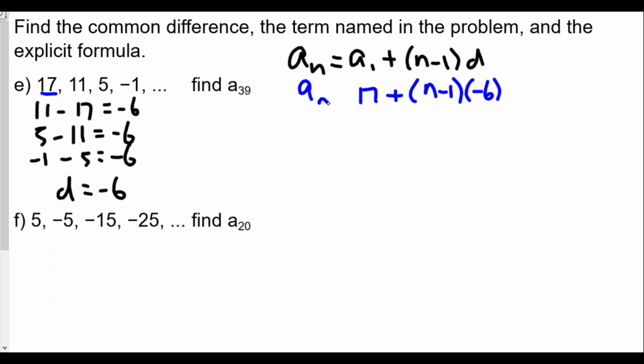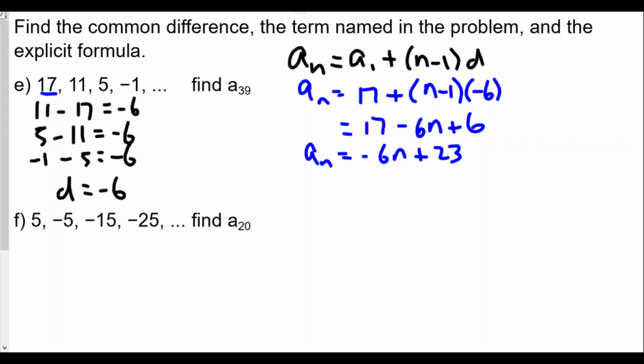We distribute the negative 6 to get negative 6n plus 6. So a sub n is equal to negative 6n plus 23, and that will be the explicit definition.